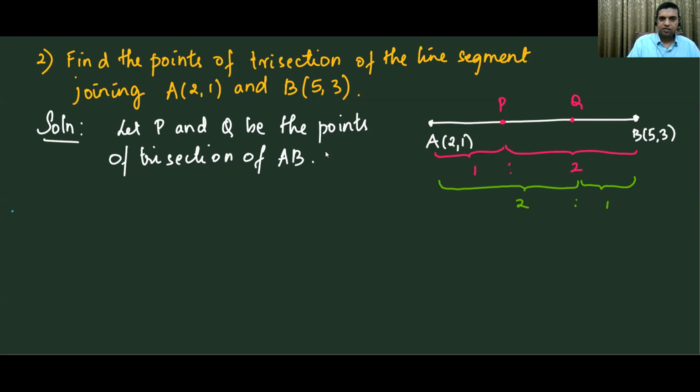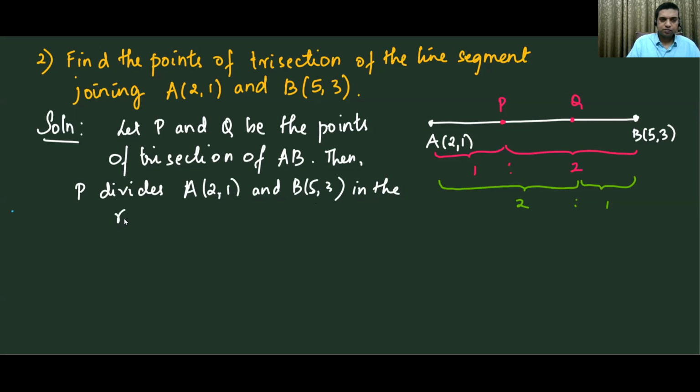Then P divides AB, A(2, 1) and B(5, 3), in the ratio 1:2.